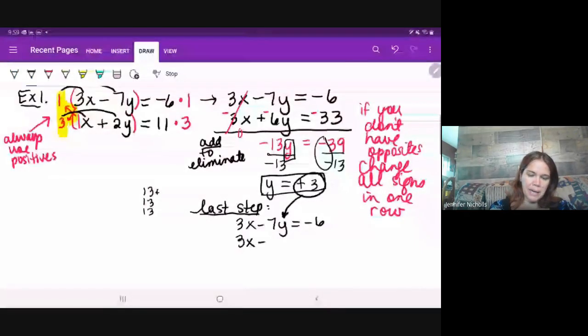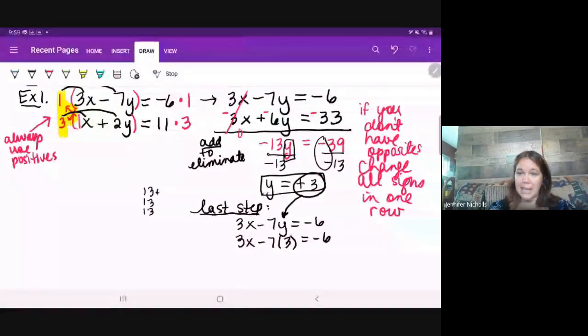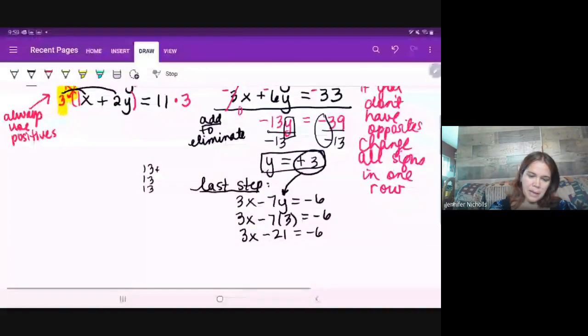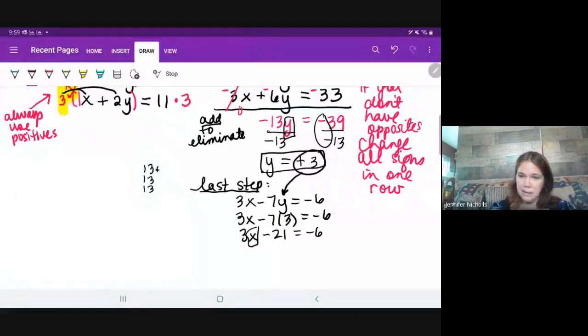So 3x minus 7, and then you put the 3 right here. Yes, plug it in, perfect. And then what do we do with the 7 and the 3? Is that 10 or 21? Yeah, exactly. So minus 21. Multiply, I agree. Negative 6. And then now I solve for x. And how do I solve for x?